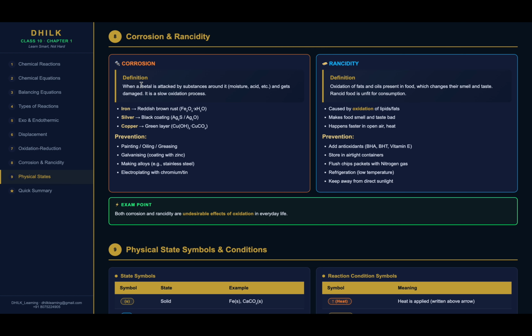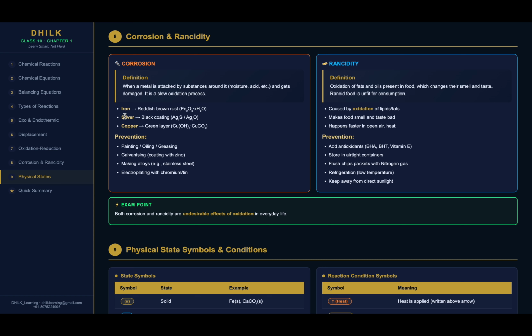So basically, what is corrosion? When a metal is attacked by substances around it, such as moisture or acid, it gets damaged. So it is a slow oxidation process, and this slow oxidation process is known as corrosion. Examples: iron converted into reddish brown rust, and the black coating on silver. This is why silver jewelry turns black over time.